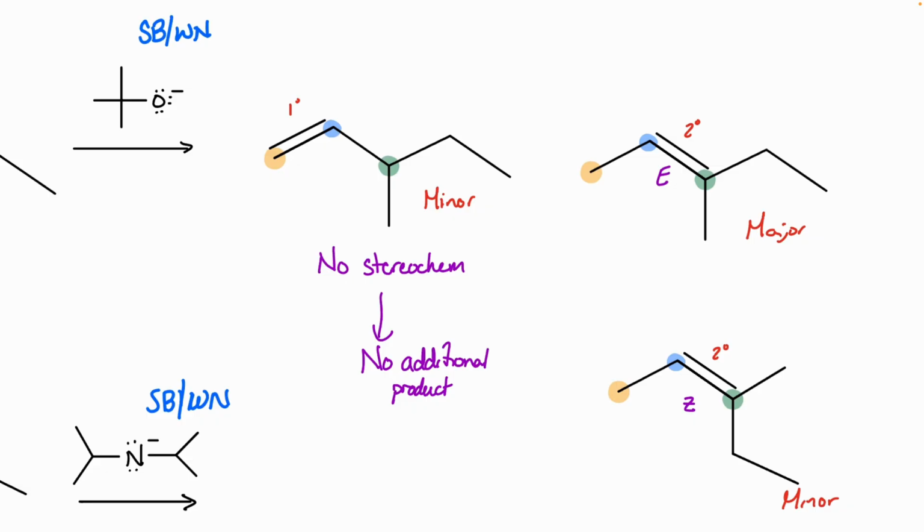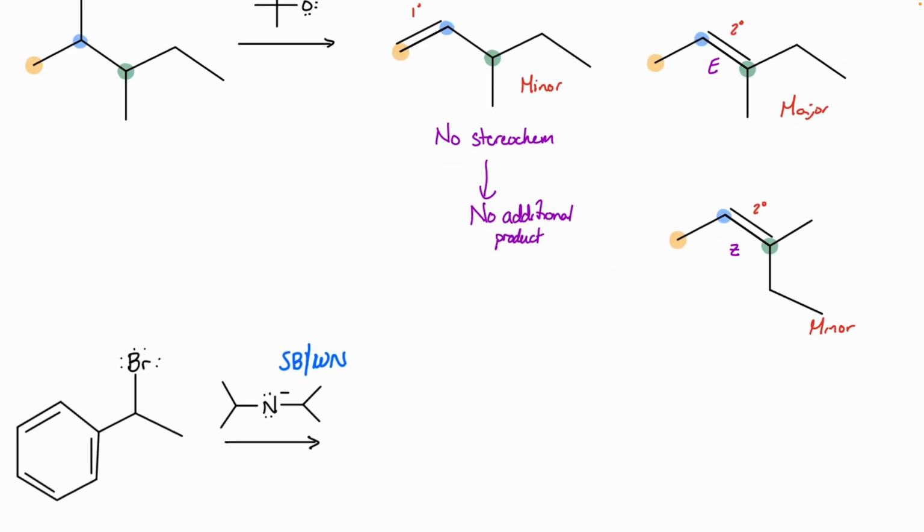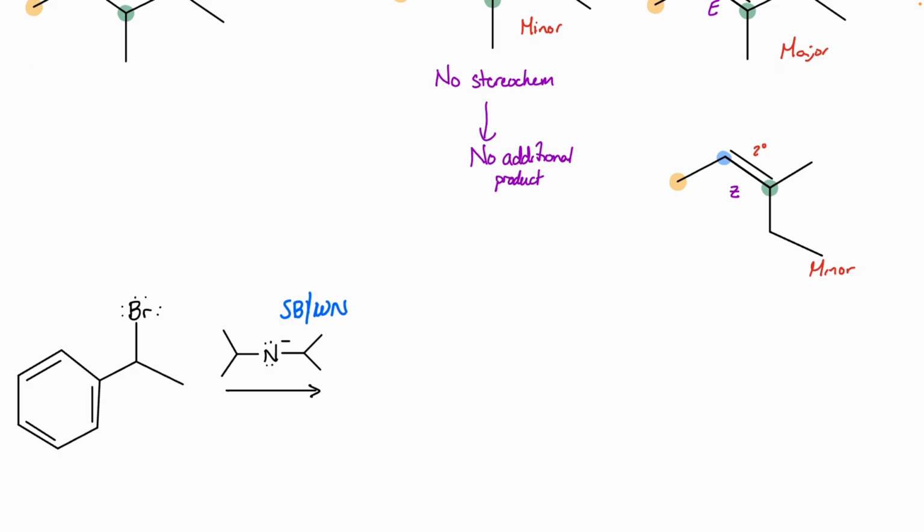Okay. On this next one, this one might be a little bit tricky here. Let's say that I'm going to play the same game. I'm going to say, all right, I got this carbon over here and this carbon over here.